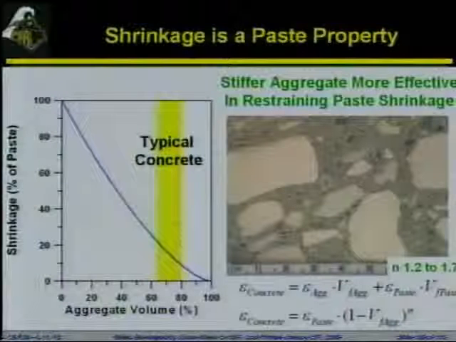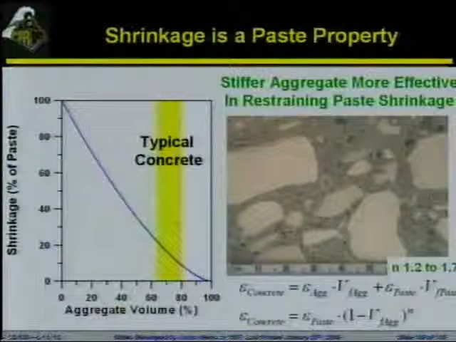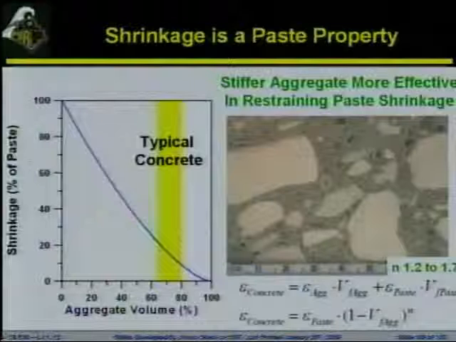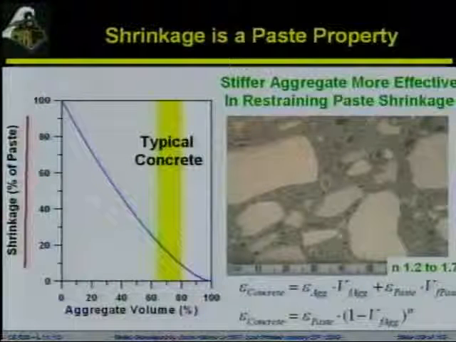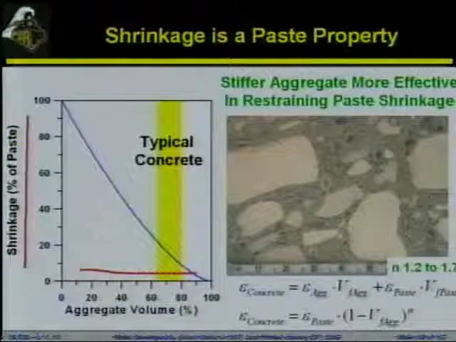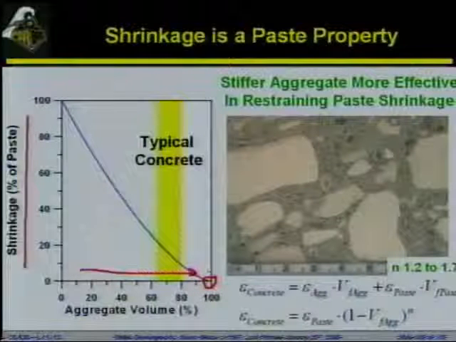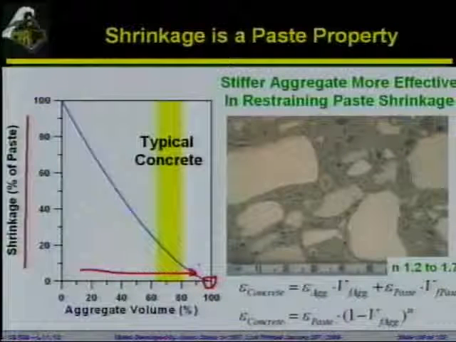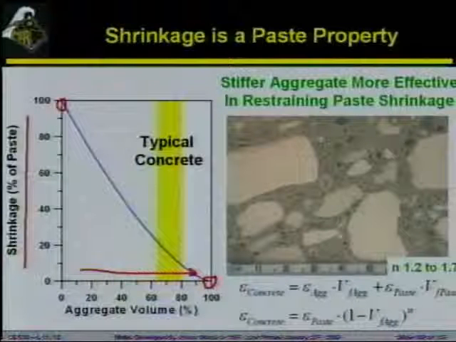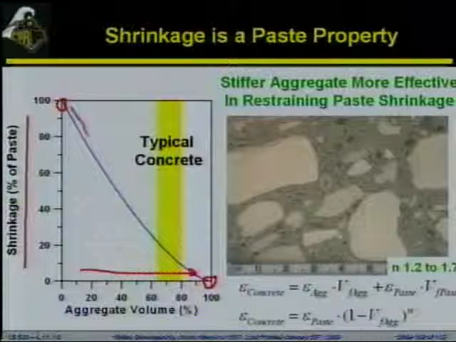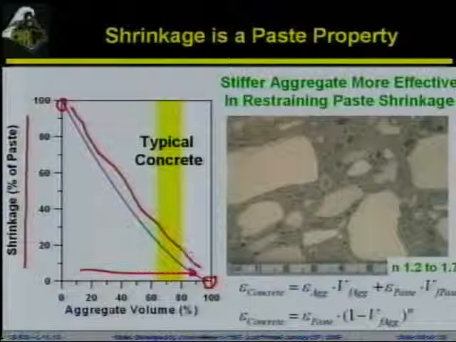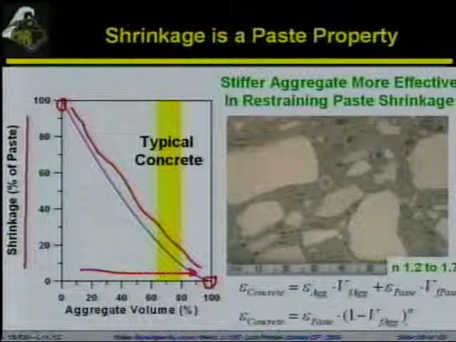And one of the things that we need to point out here is that shrinkage is a paste property. The amount of shrinkage that a concrete experiences depends upon the volume of the aggregates. If it's 100% aggregate, we basically would have no shrinkage taking place, or very minimal shrinkage. If it's 100% paste, we would have the most shrinkage. And then what we will see is there is a line here, and this line is defined by something called Pickett's equation.